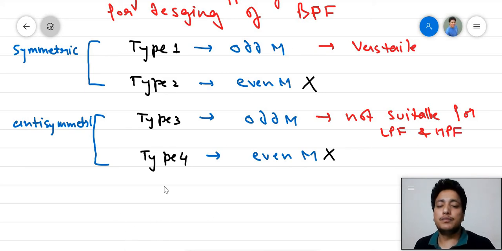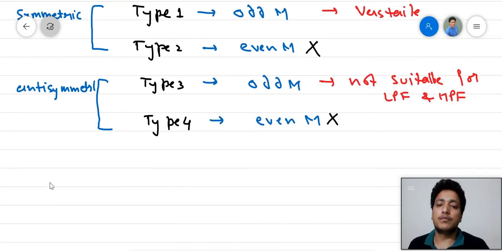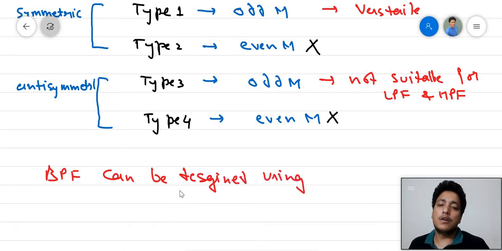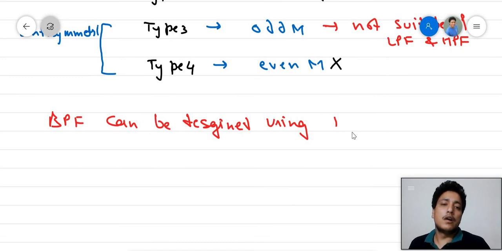That means BPF can be designed using type 1 and type 3.